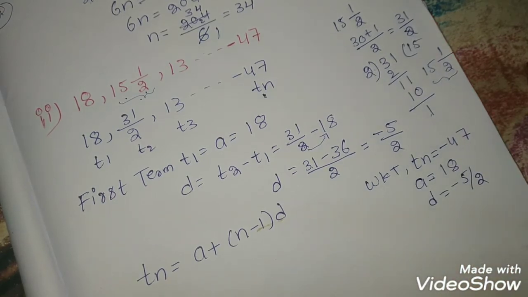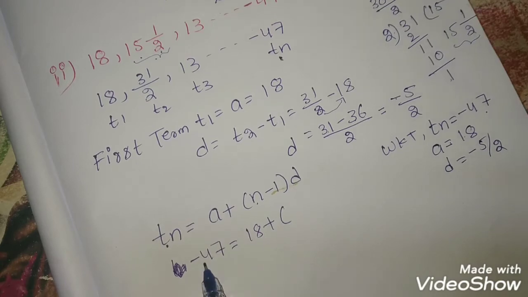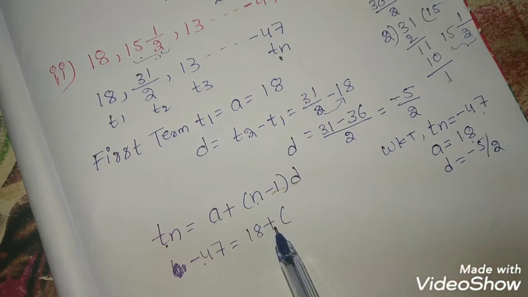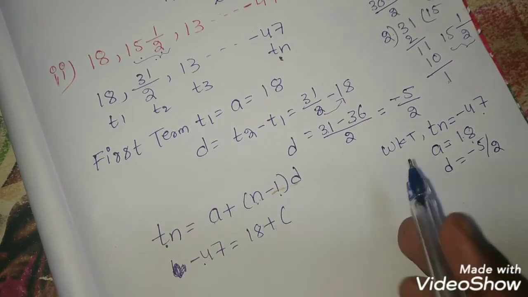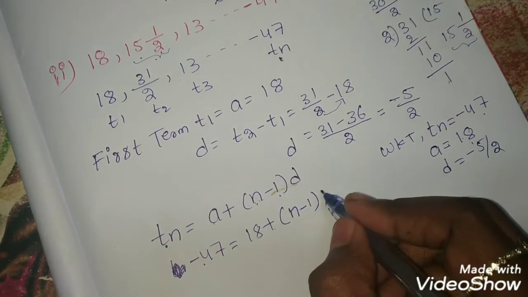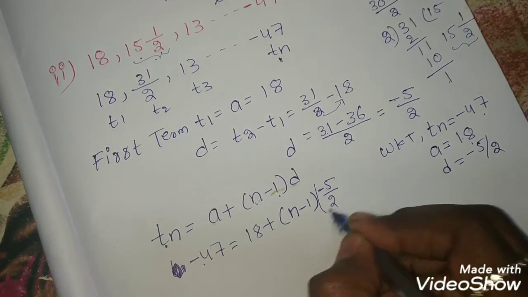Put down here: Tn is minus 47 is equal to A 18 plus n minus 1. n we need to find. So write down as it is. What is D? Common difference, that is minus 5 by 2.